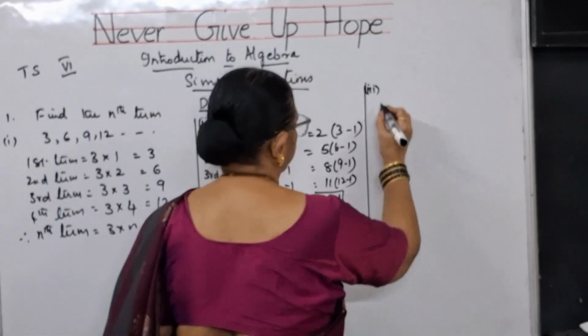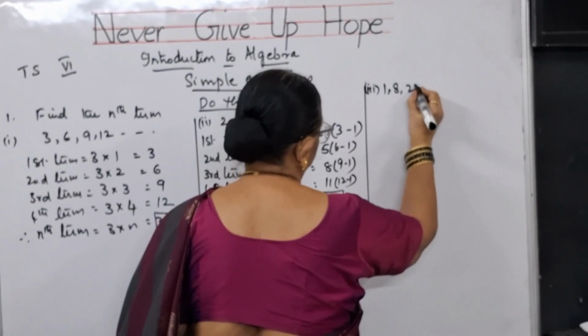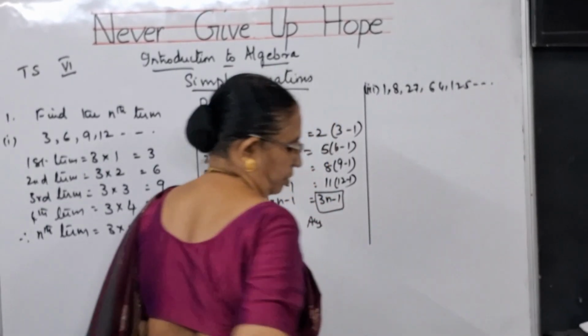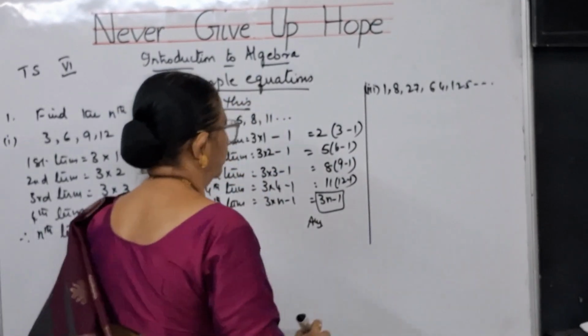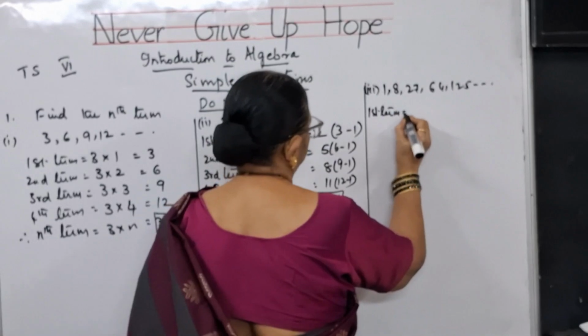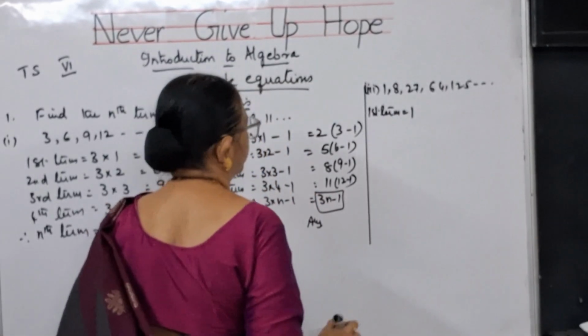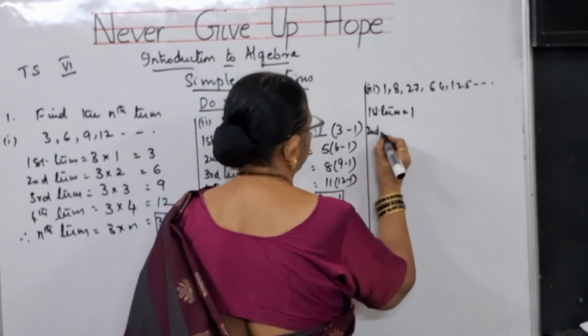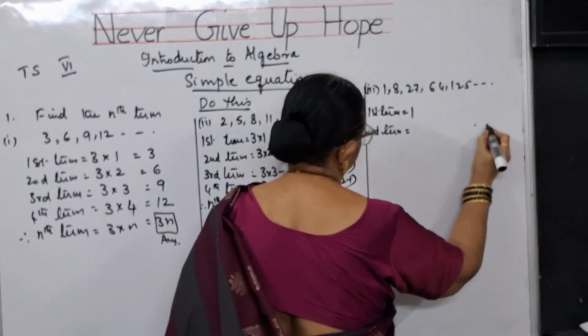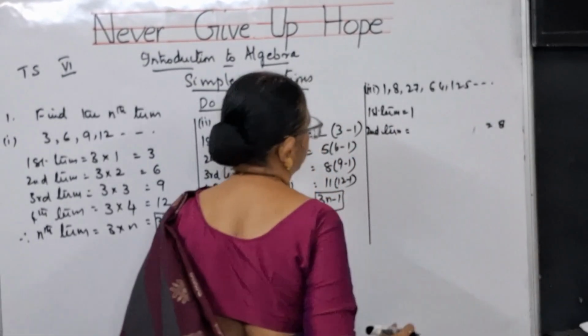Third bit: 1, 8, 27, 64, 125, and so on. First term is 1. We will talk about it afterwards, after doing the second term. Second term is 8.